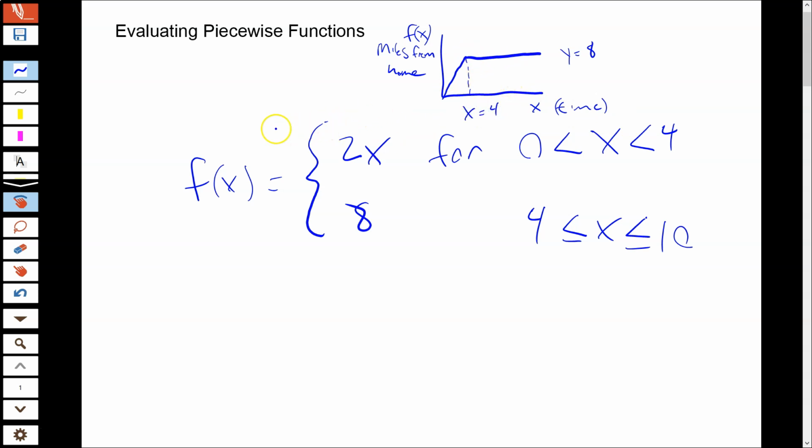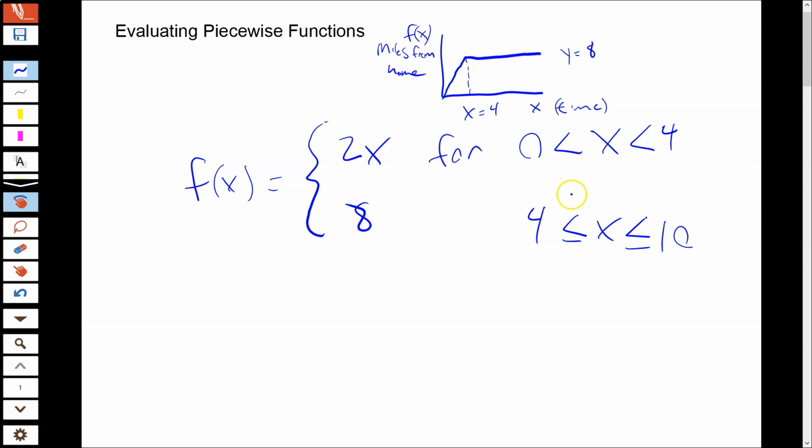Okay. So this function could model, say I'm going for a walk, and I walk for about, I guess, 4 hours. Maybe I'm not going for that long of a walk. But I walk for a certain period of time, and then I stop. So my miles from home stops increasing and then stays constant.